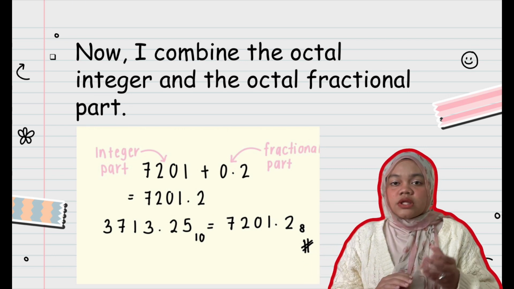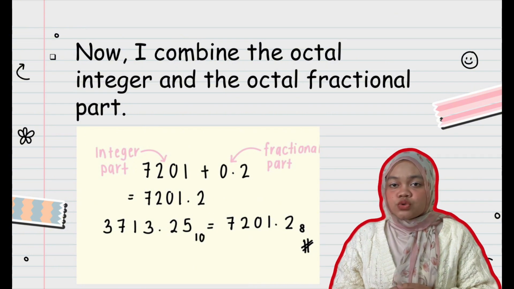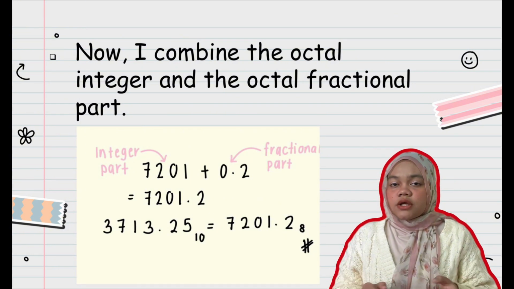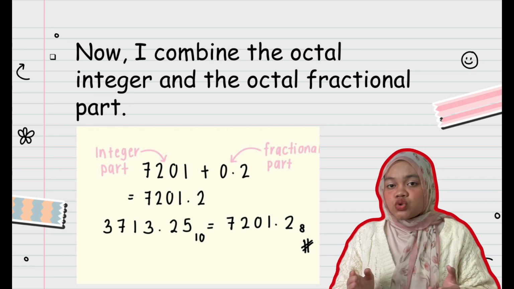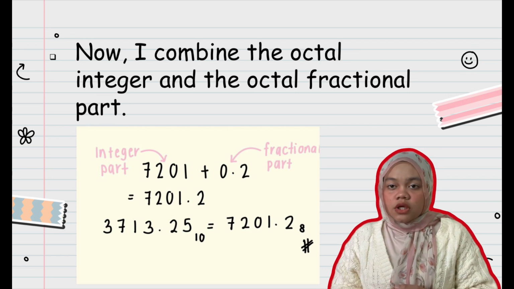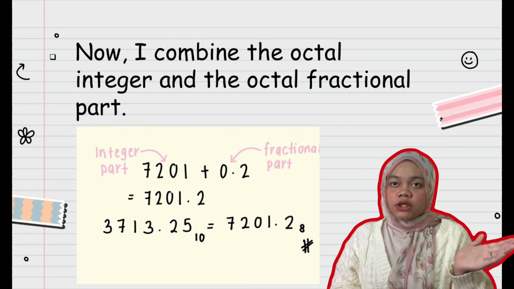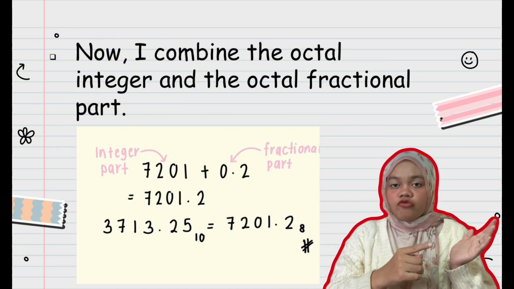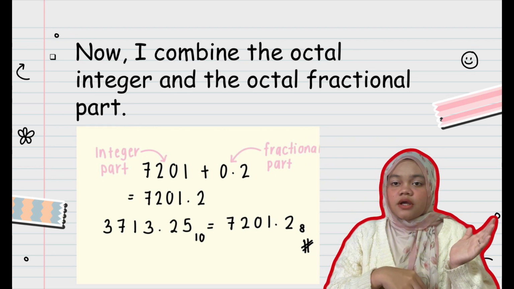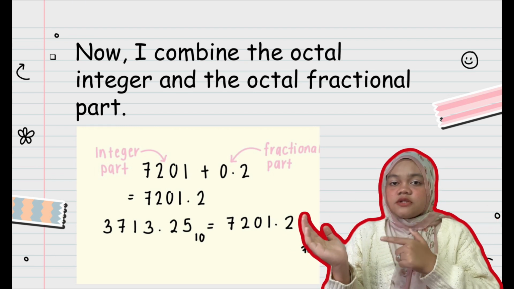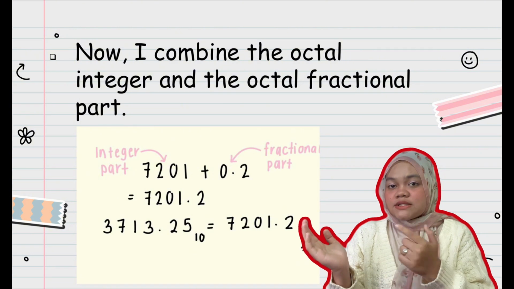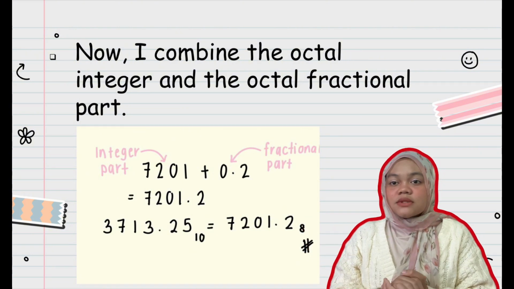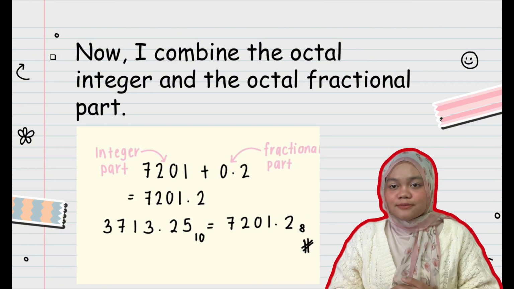So we take 7201 plus 0.2 and we get 7201.2 base 8. Okay, from 3713.25 base 10 we get 7201.2 base 8. This is the final answer.